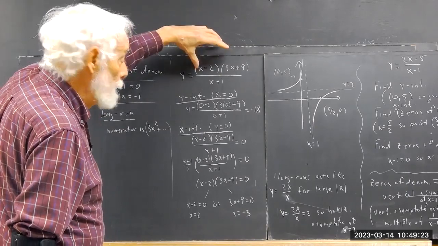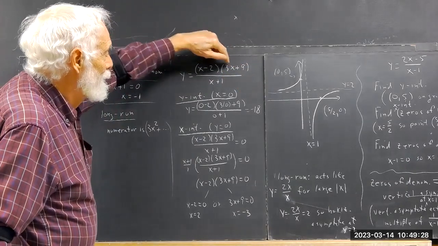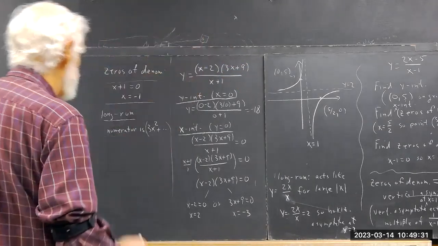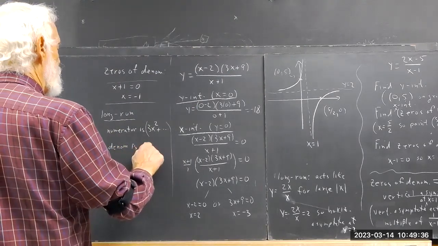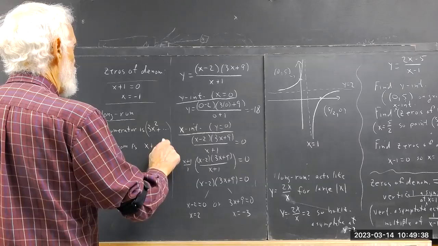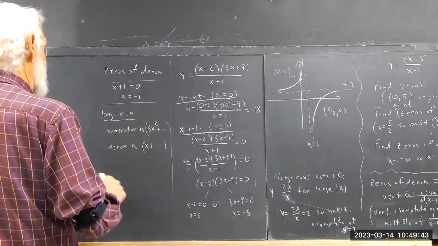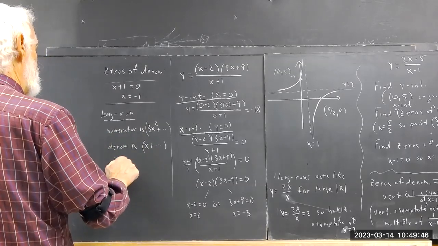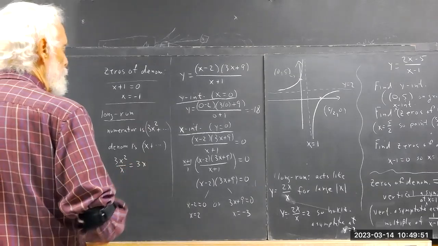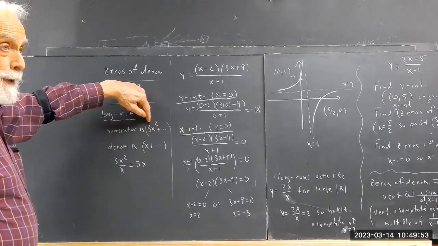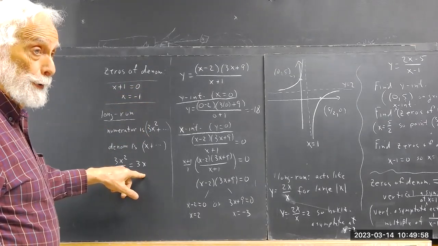We don't need to expand the whole numerator to see that we're going to get a 3x squared. The denominator is an x plus something. And if we divide the highest power term in the numerator by the highest power term in the denominator, this is what we get, and that's 3x.